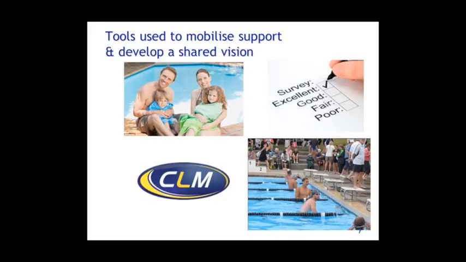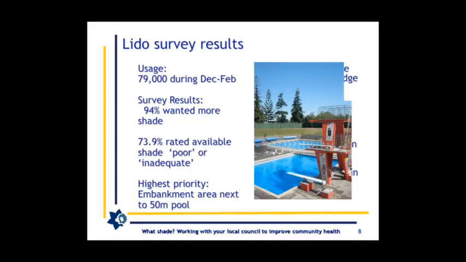Here are the survey results, and here's another photo of the diving pool next to the 50-metre pool. As you can see, the shade basically lies along the top of the fence line, and that's all the shade there is. We had 79,000 people using the pool between December and February. 94% wanted more shade. 73.9% rated the available shade as poor or inadequate.